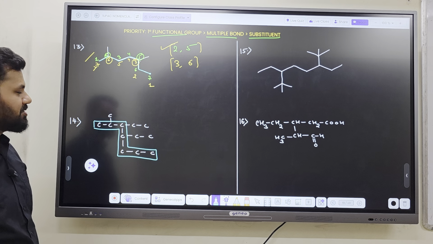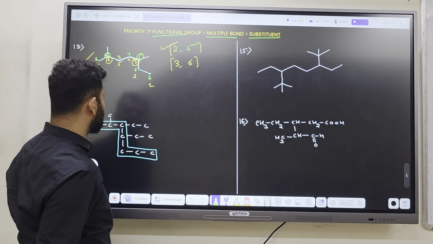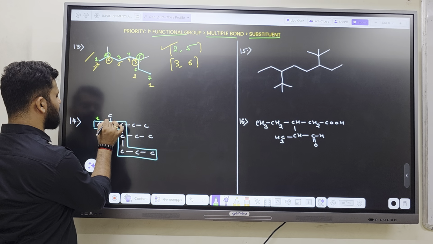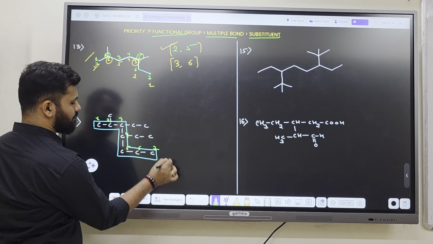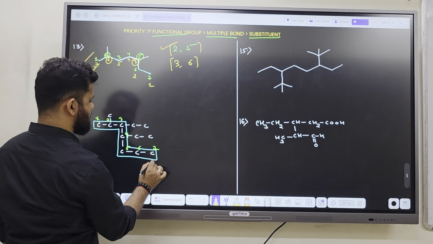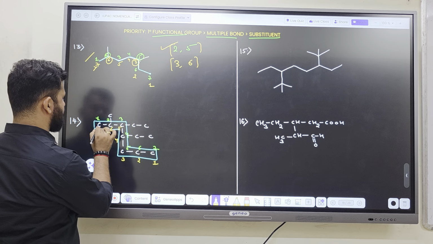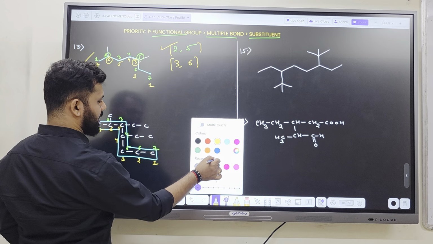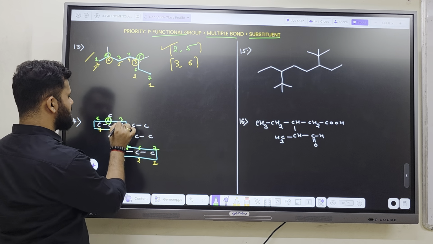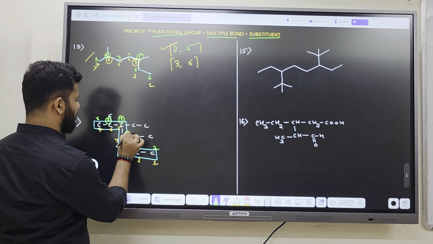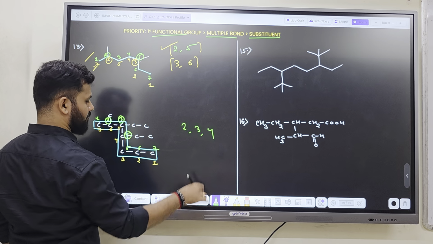Let us try to resolve this one. Again, as I told you, there are only two ways of numbering. One is from left to right and other is from right to left. So in left to right, I have locant at position 2. There is this methyl group at 3, at 4. At 2, at 3, and at 4.